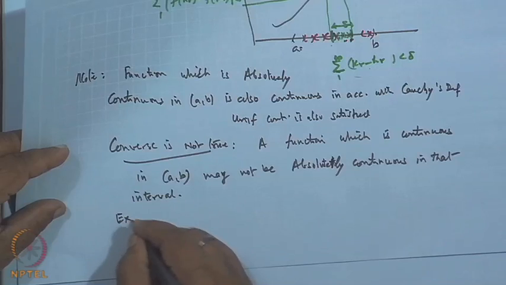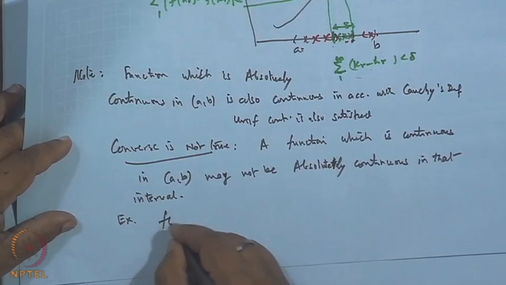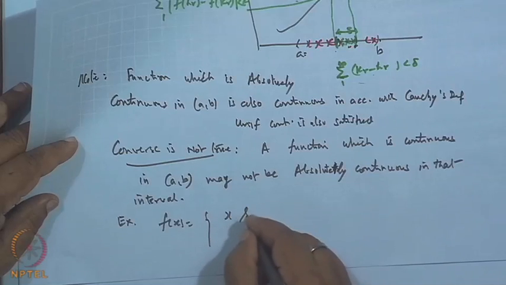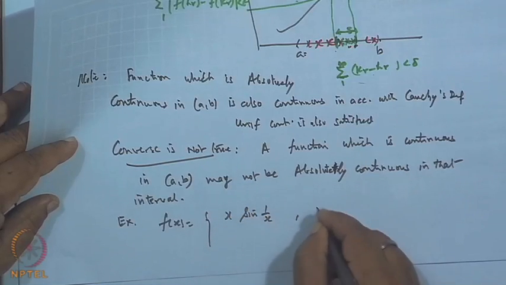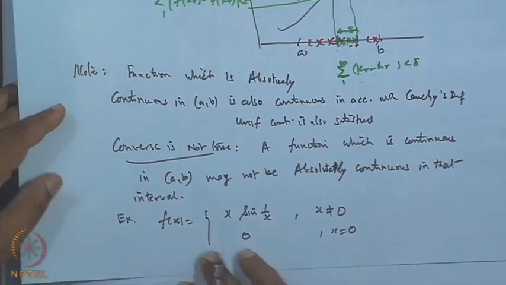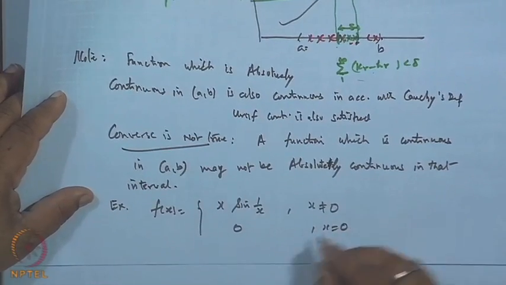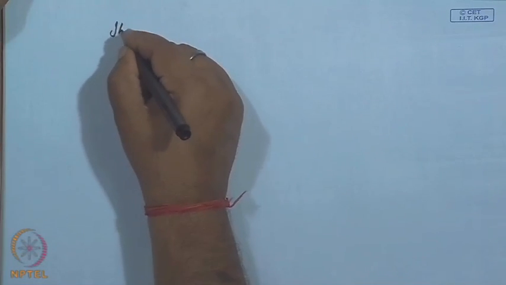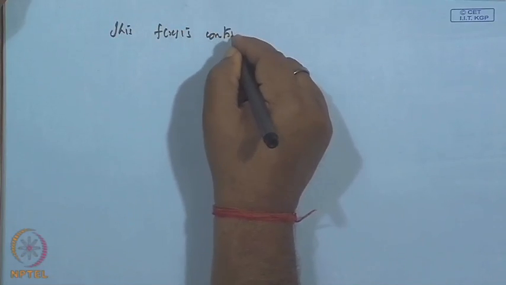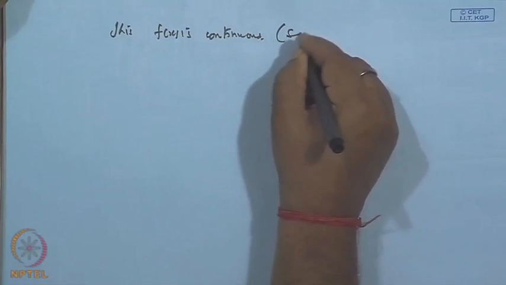For example, if we take the function f(x), which is defined as x sin(1/x) when x is different from 0 and 0 when x is 0. We know this function is a continuous function. This we have already seen.